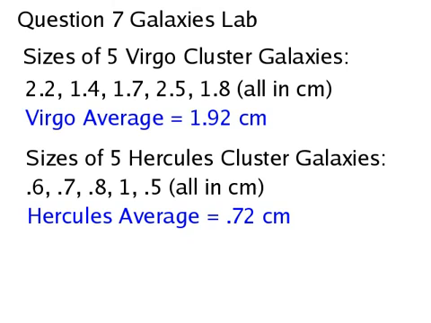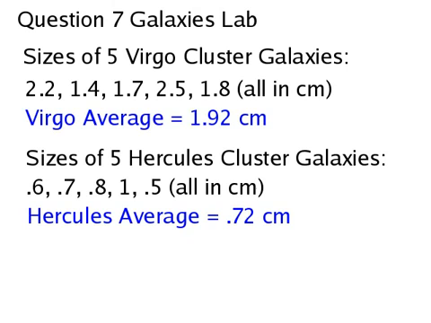So let's calculate the size ratio, the Virgo average over the Hercules average. 1.92 divided by 0.72.